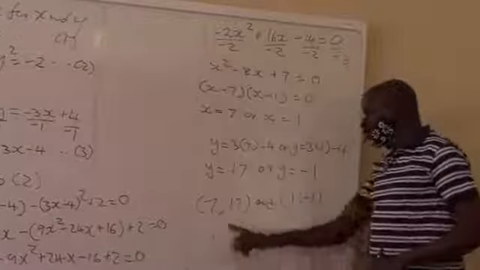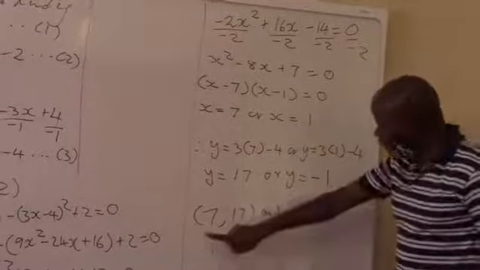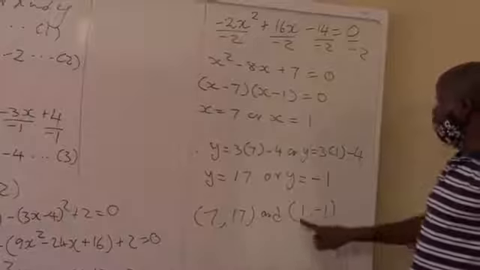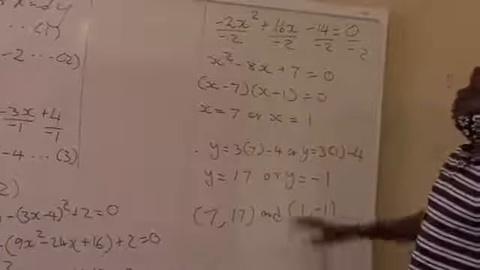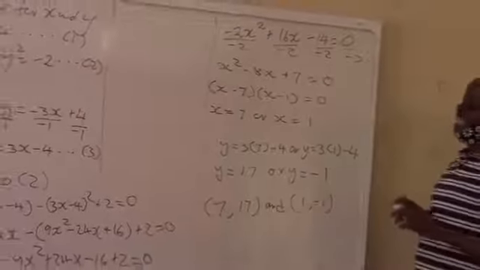So that is the 2 points in which those two graphs intersect. So that is how generally we solve the simultaneous equation.